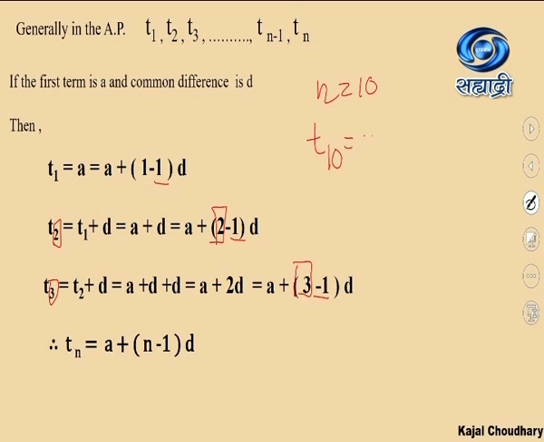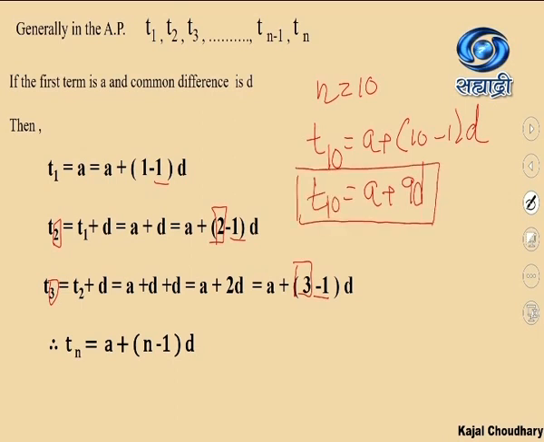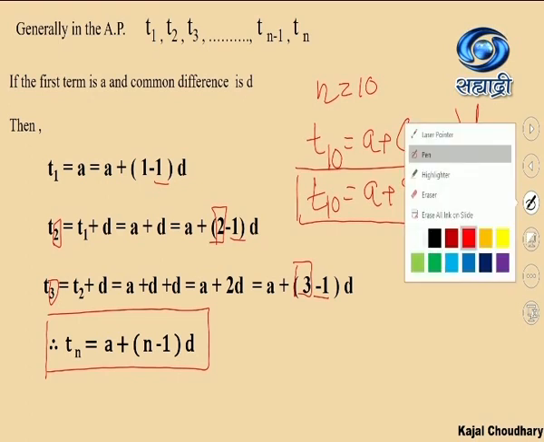T10 is equal to A plus 10 minus 1 D, which is equal to A plus 9D. Now, if you want, you can check it by going step by step, find out T4, T5, T6, T7, T8, T9 and then check T10. You are going to get A plus 9D over there. Therefore, Tn general formula goes as A plus n minus 1 D.